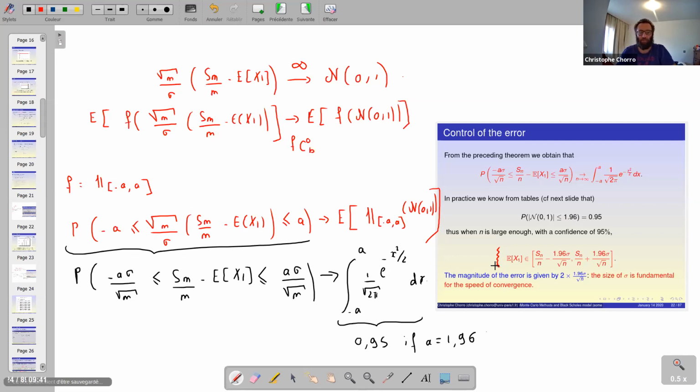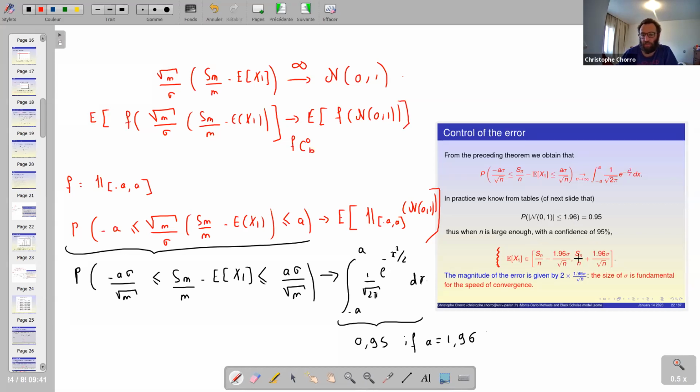That is, I just have to handle this expression a little to obtain that the expectation of x1, the quantity that I want to approximate, belongs to this interval for large n with a probability of 95%.